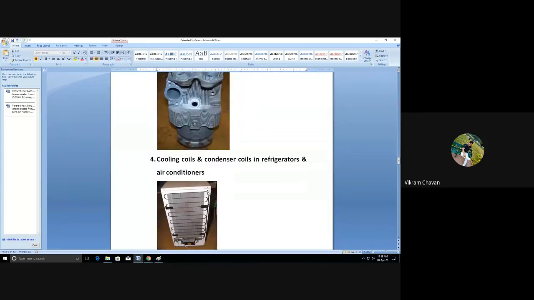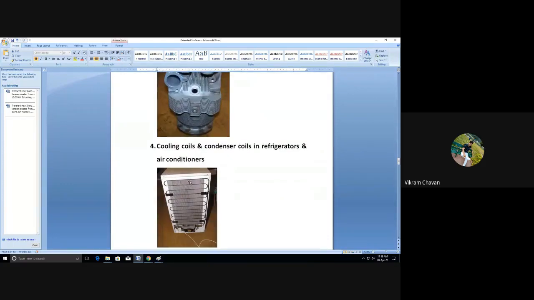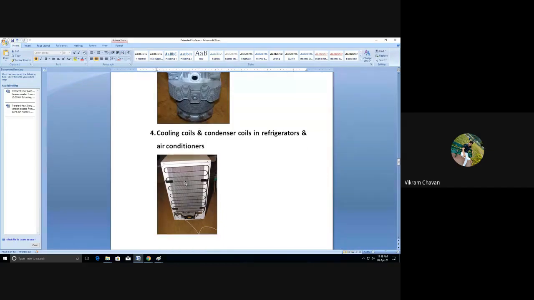Then you can see that in the back of a refrigerator there are coils. These are one of the applications of extended surfaces or fins: cooling coils and condenser coils in a refrigerator and air conditioner. Our refrigerator has refrigerant, such as R12, R13, which have a very low evaporation temperature, and because of that we are using those refrigerants.